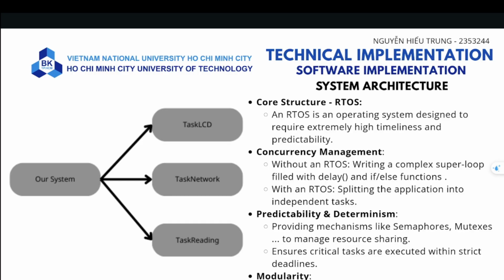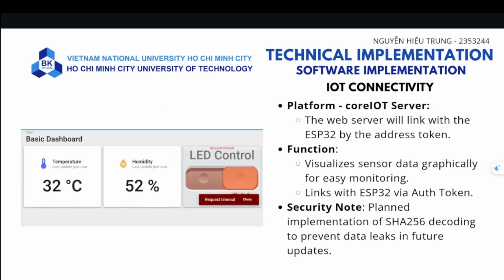On the right-hand side, I split the system into three different functions: task LCD, task network, and task reading, which we'll check after doing all the steps before.